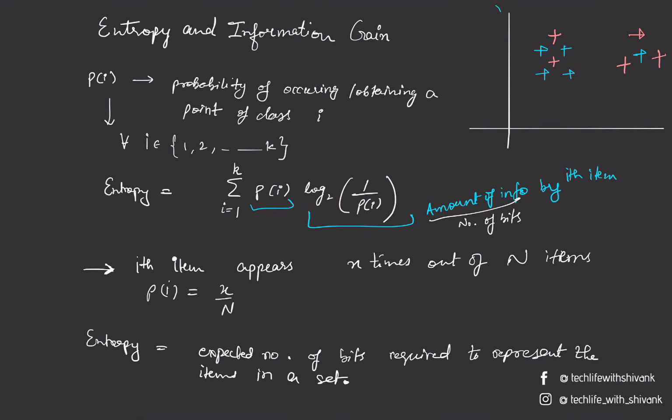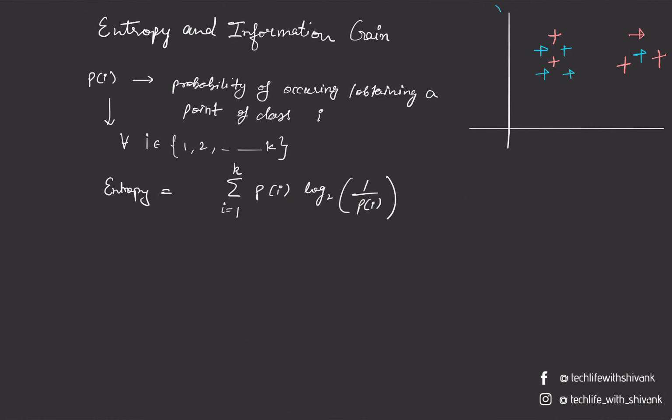And if the set contains more different items, it means the set has more information. But the goal of decision trees is that the set should be more homogeneous, and hence we have to minimize the entropy, which means we want the items in a particular set to be more and more similar. And that's why it is one of the error functions that we can use for our decision trees.